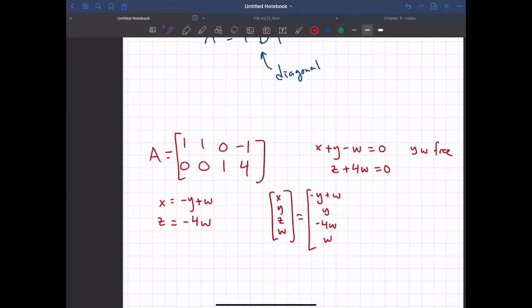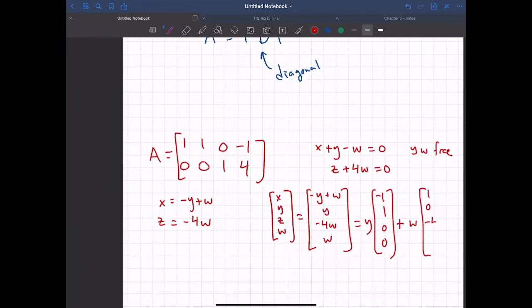okay, what I can do is split this up. This is the same thing we always do. I get y times negative 1, 1, 0, 0, plus w times 1, 0, negative 4, 1. Now I'm going to copy these because I want to go back over.